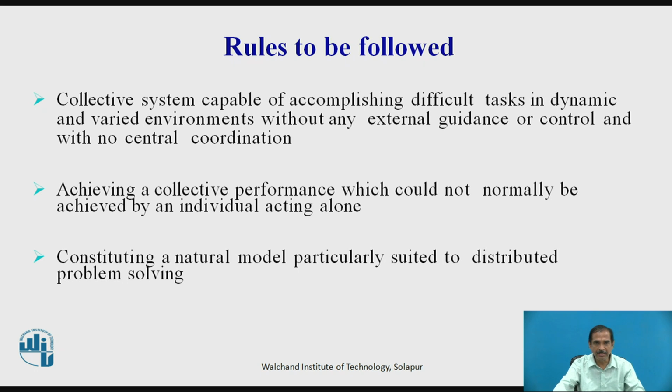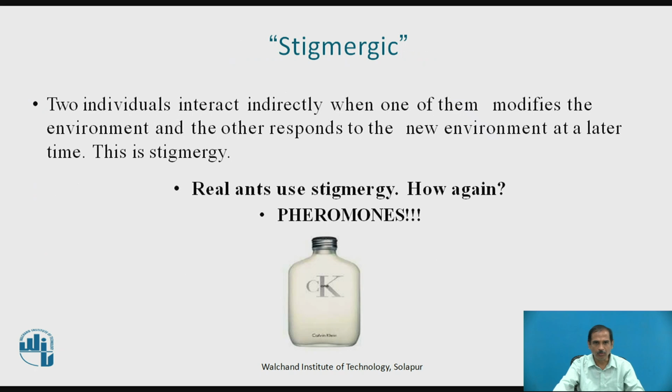The constitution of a natural model, particularly suited to distributed problem solving, is required in this scenario. We do need to understand what stigmergy is. It is a concept associated with two individuals interacting indirectly when one of them modifies the environment and the other responds to the new environment at a later time.